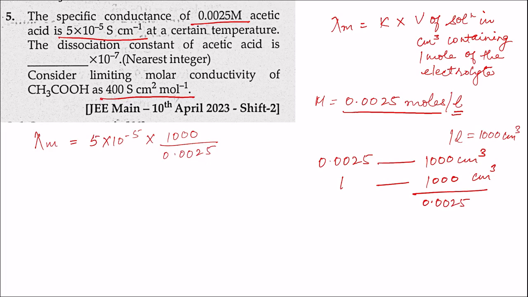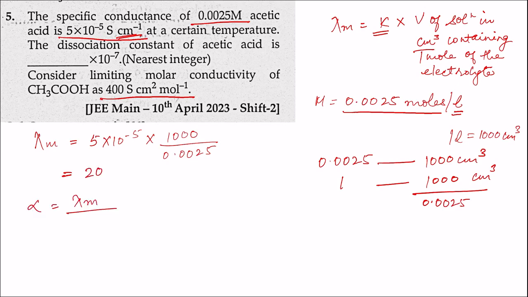Now see, the unit of length in the value of specific conductance is centimeter, and the unit of length in volume of solution is also centimeter. So the reason behind converting the unit of volume from liter to centimeter cube is specific conductance. In specific conductance, the unit of length is in centimeter. Solving, molar conductivity value is 20.